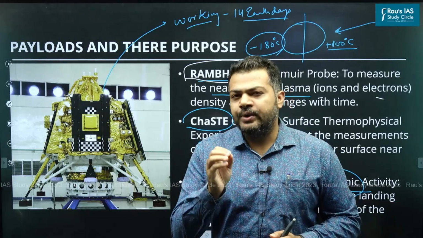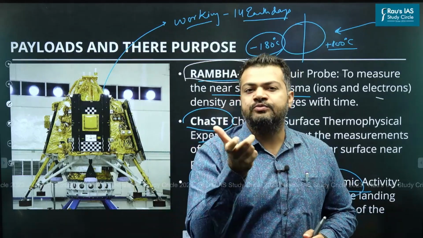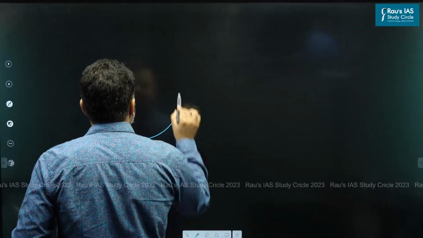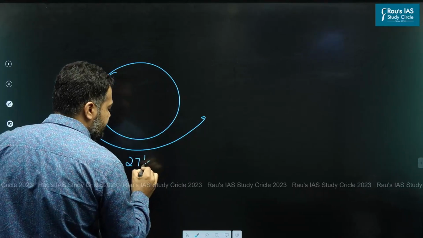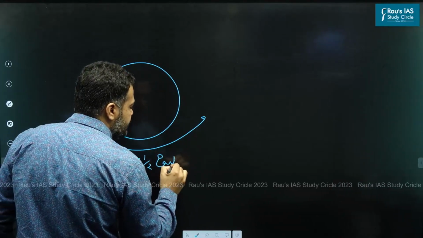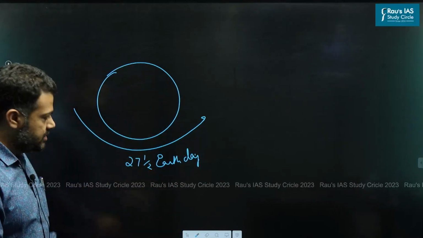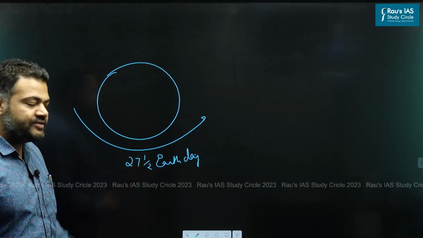It takes around 27 and a half Earth days to complete one entire rotation of the moon. So one entire day and night of the lunar day takes 27 and a half Earth days.